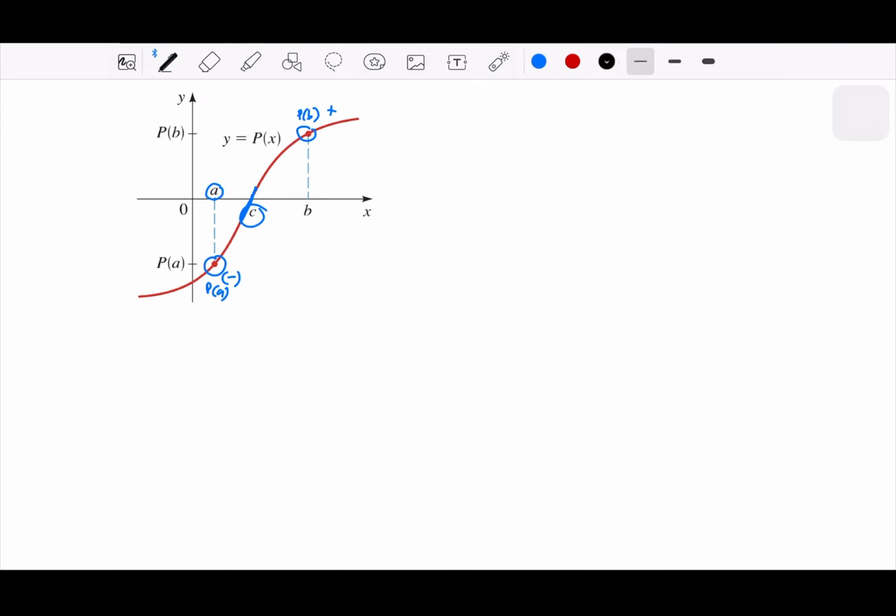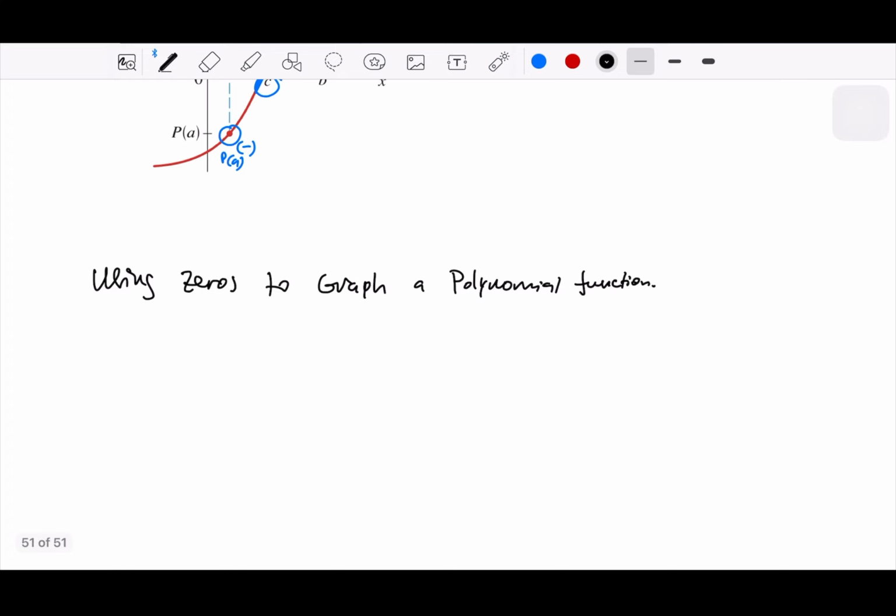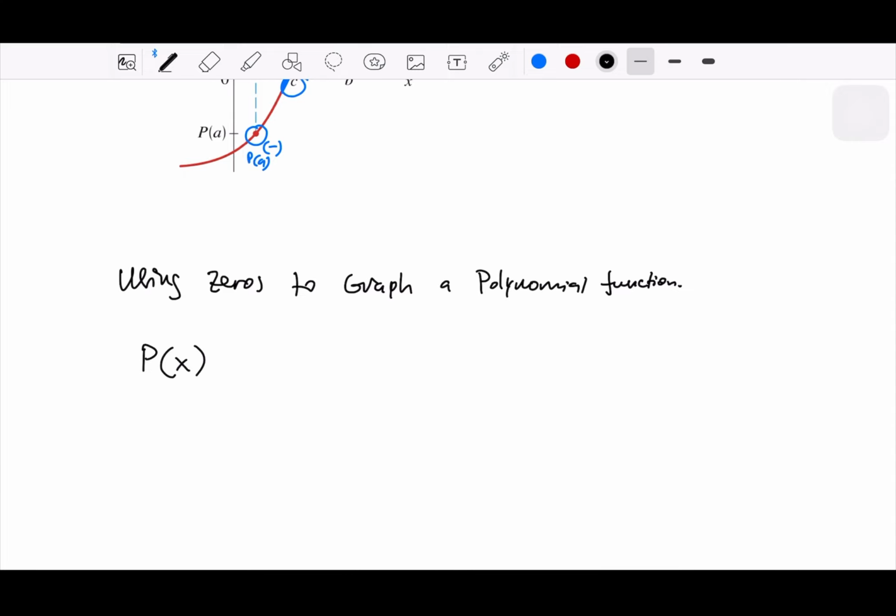Okay, let me give you an example on how to sketch, using zeros to graph a polynomial function. So let's say we have P of x.